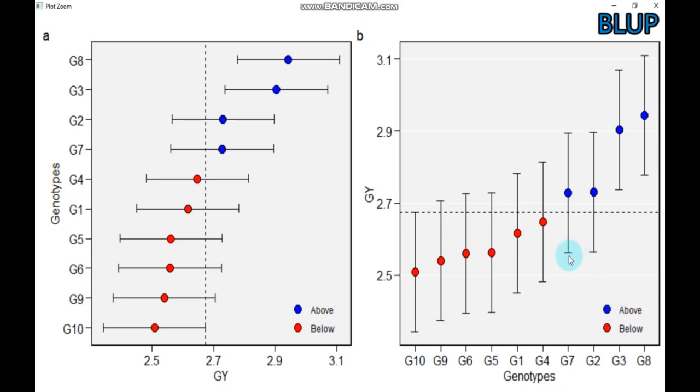In a similar fashion, G2 and G7 are next higher than G3 and G8, but closer to G4. So by this way you can interpret your BLUP in the best linear unbiased predictor analysis. It will show you the stability in this manner.